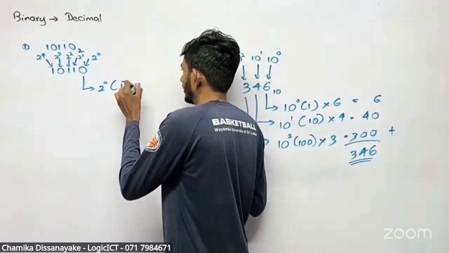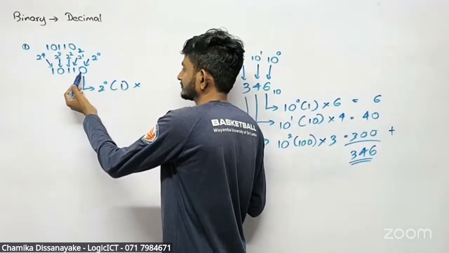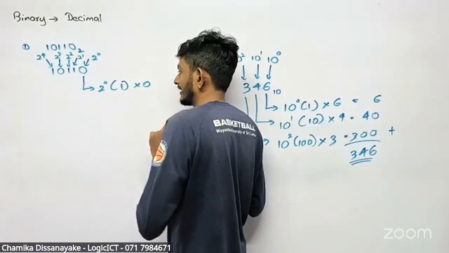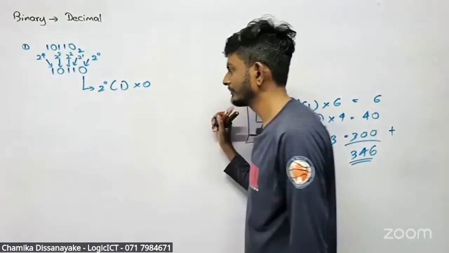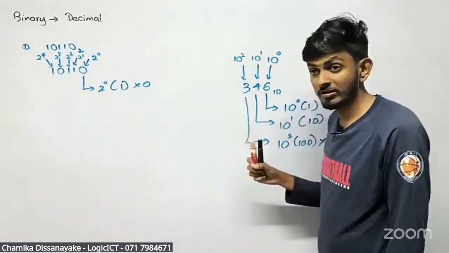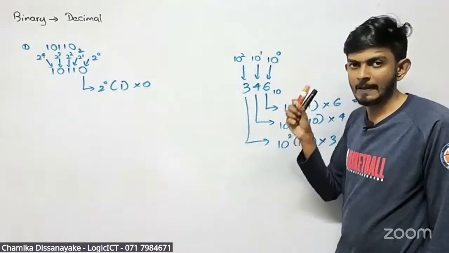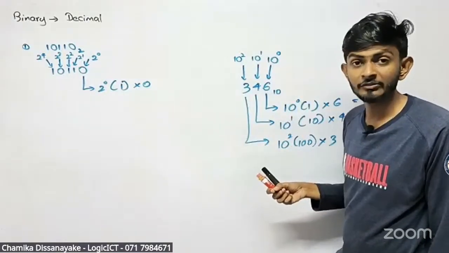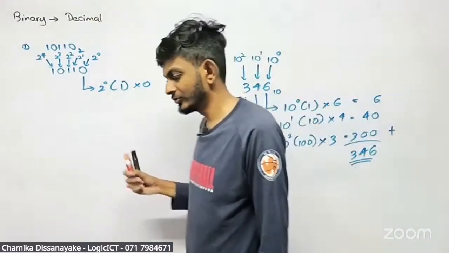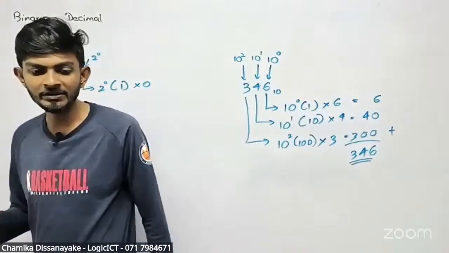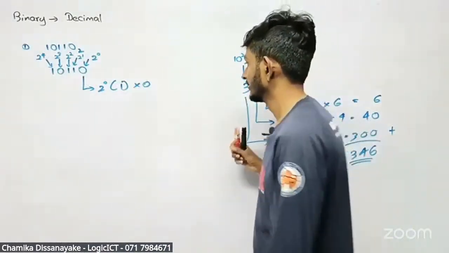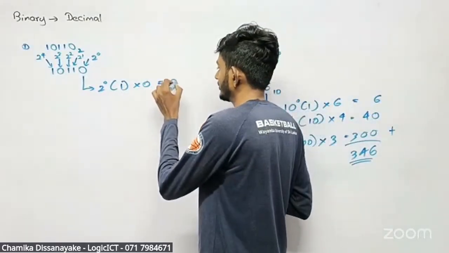Multiply by the digit, which is 0. What will happen if we multiply 1 by 0? When we multiply any number by 0, the answer will be 0. So the answer here will be 0.